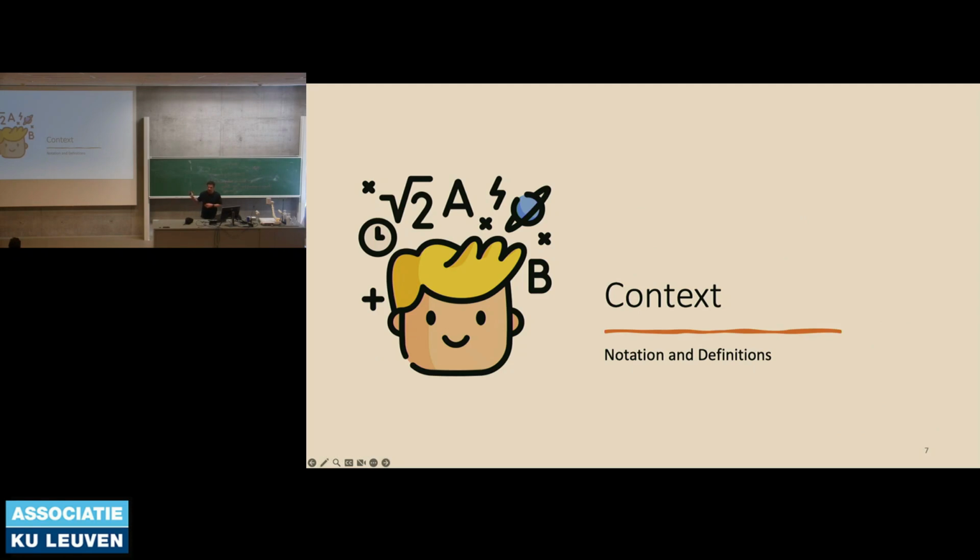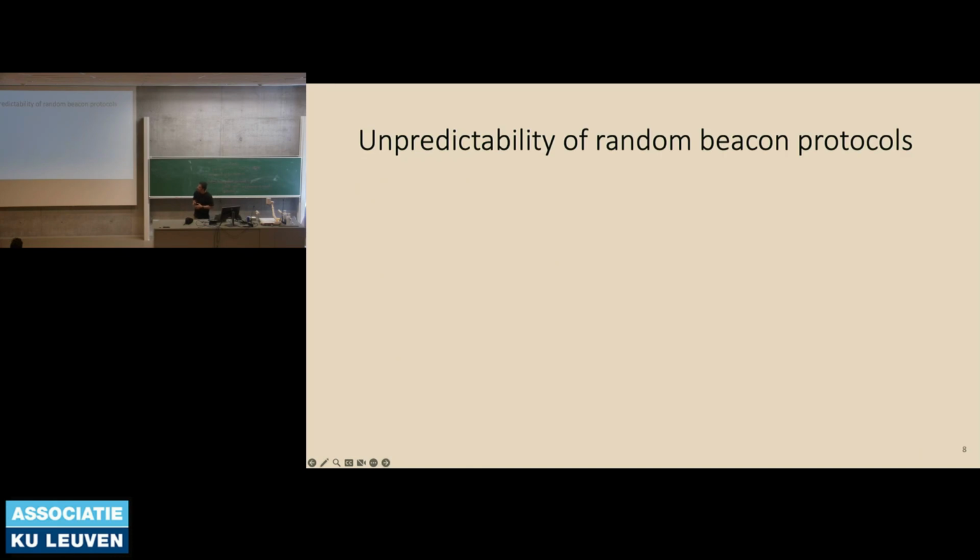So with this in mind, let's look at some notations and definitions that I'll be using in my further discussions. First, we know a randomness beacon needs to be random, right? For that, we need to talk about unpredictability. So we'll say that a beacon protocol is in some round R if at least one honest node is in that round, and we are usually looking at the lowest round.